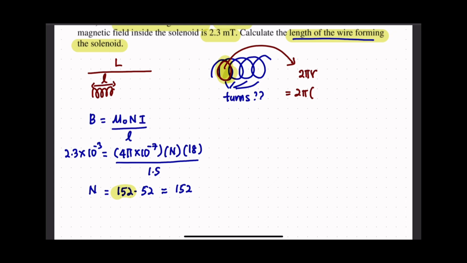Sebab dia bagi diameter 2.6, jadi radius adalah divide by 2, 1.3 times 10 to the power of negative 2. Okay, so we get 1.3 exponent negative 2 times 2 pi. So you will get 8.17 times 10 to the power of negative 2 meter. Okay, dah dapat dia punya circumference.